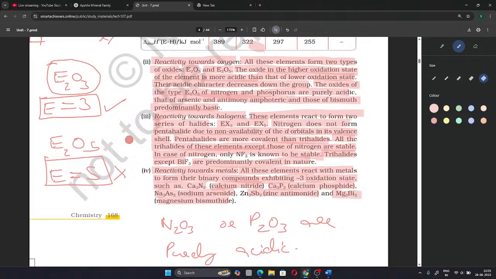So for the metals' reactivity, they gave a few examples.